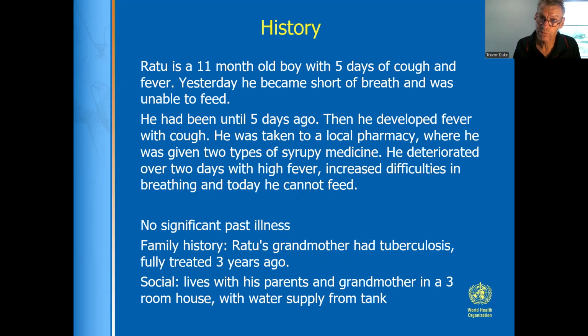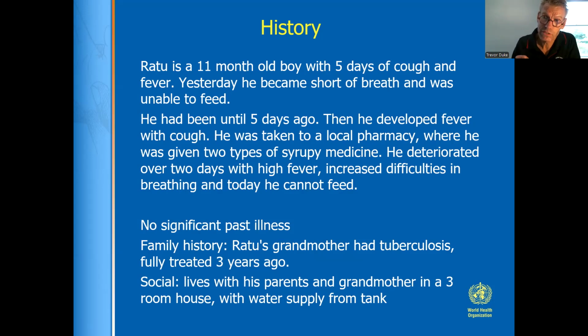Then he developed the fever with the cough. He was taken to a local pharmacy, a medical shop, where he was given 2 types of syrupy medicine. The parents didn't know what that was. He deteriorated after another 2 days with high fever and increased difficulty breathing. And today, when he was brought to the hospital, he couldn't feed.